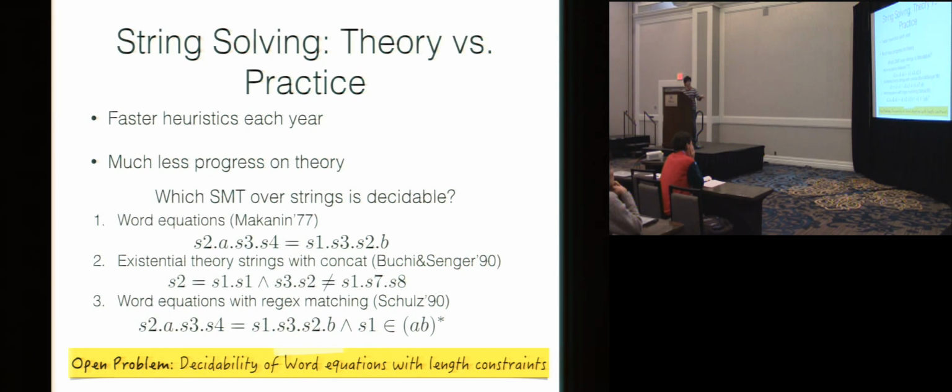What about word equations with length constraints, for example? That's been around for a long time and nobody has solved it. There is also a lot of evidence that if you want to analyze XSS, you'd better be able to express some kind of length constraints.